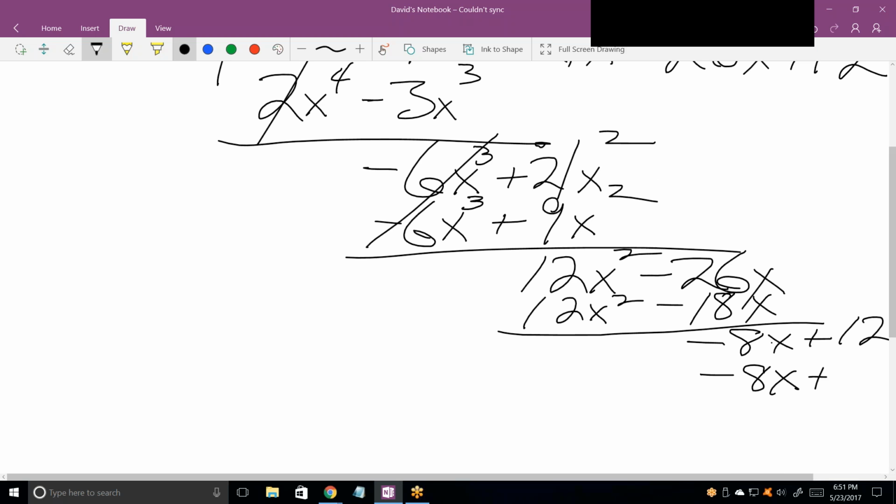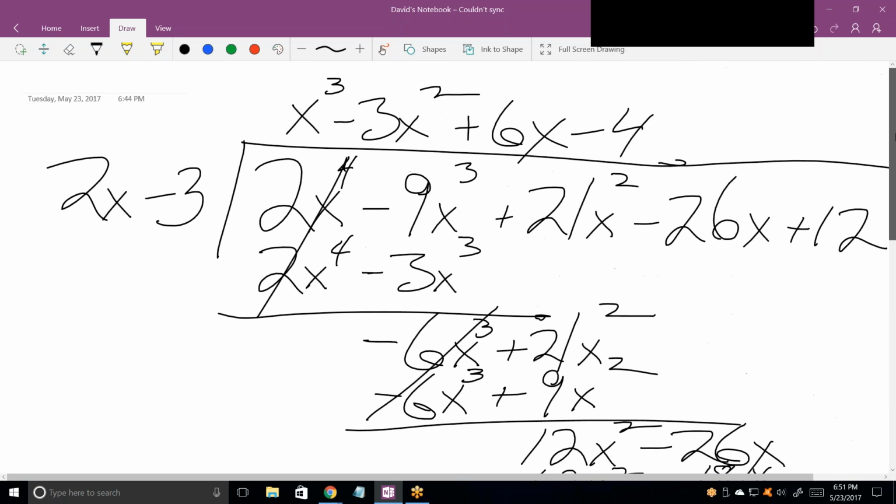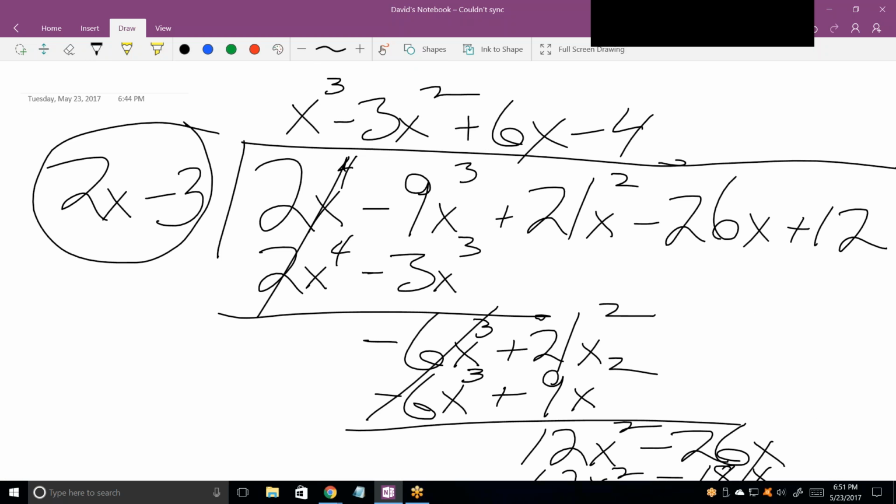And that's actually key. That 0 remainder tells us a lot. The first thing it tells us is that that is a factor of our quartic polynomial. It's a 0. If somebody told you to find the zeros of that quartic, one of them would be 3/2.